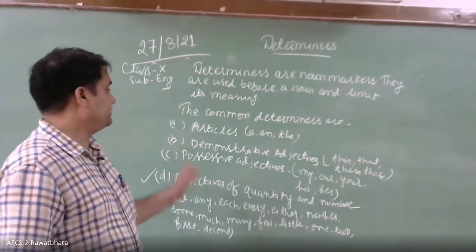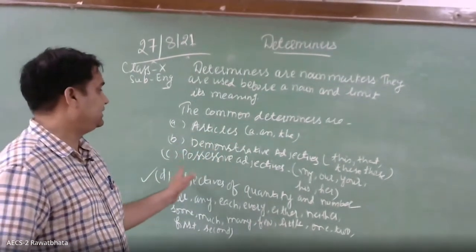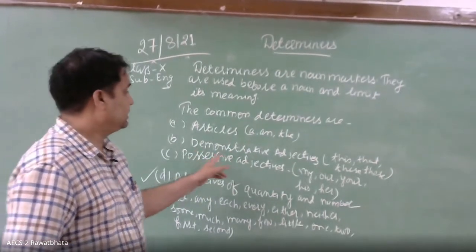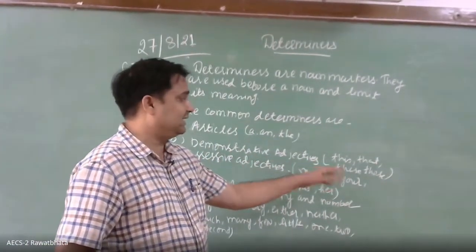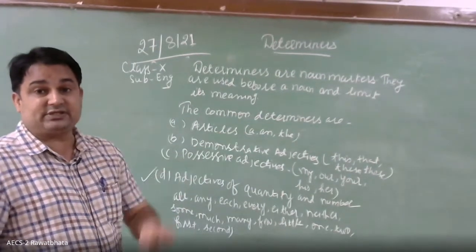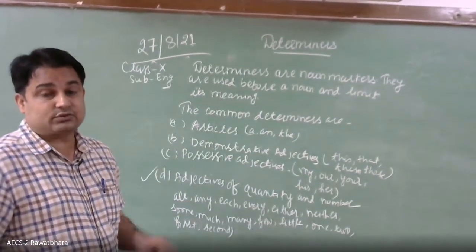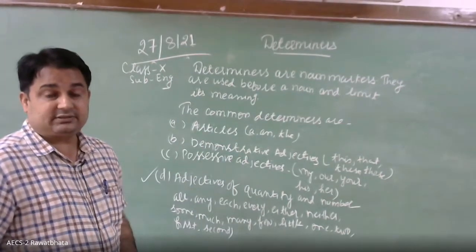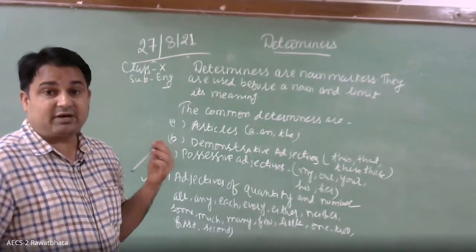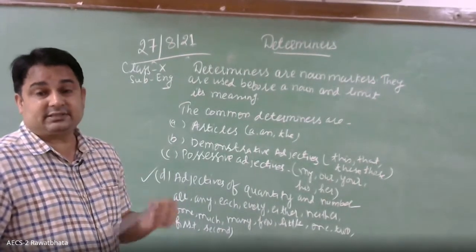So the common determiners: articles a and the, and demonstrative adjectives this, that, these, those, with the help of which we demonstrate. This is his house, that is their house. This is my pen, that is his pen.